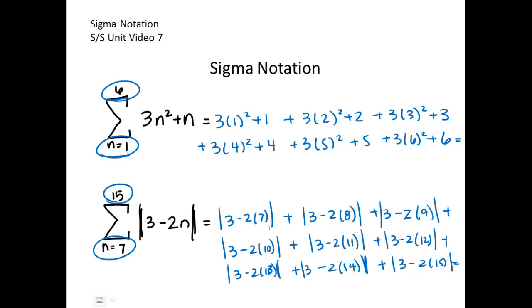All right, so the idea of this whole thing is that we're going to be using the expansion of these sequences and summing them all together. So it'd be very similar to you doing S sub 6 for this sequence, except this isn't arithmetic or geometric.